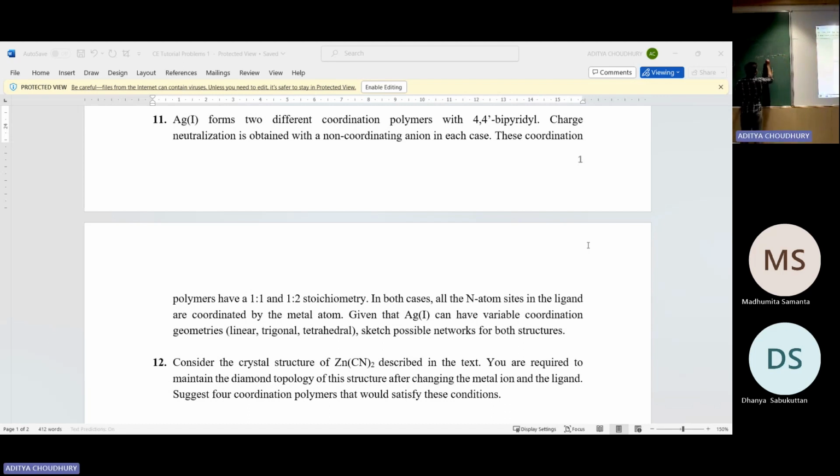Okay, it forms a linear chain. That's going to be 1:1. How about 1:2? Tetrahedral. Okay, what is the structure going to look like? Diamondoid.